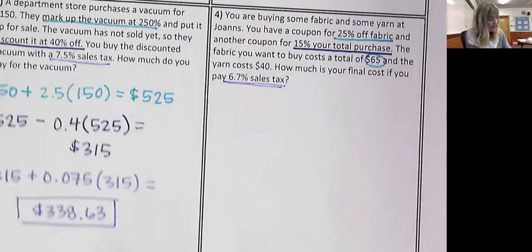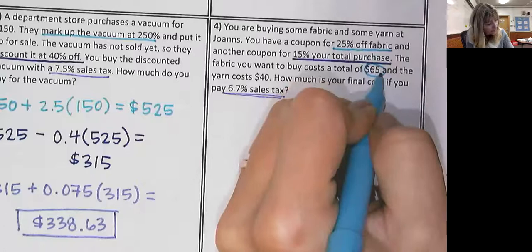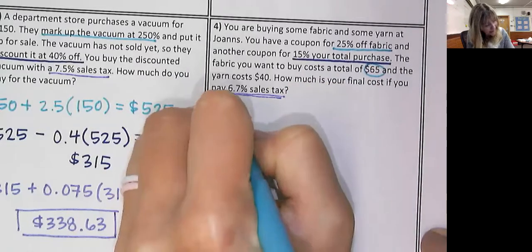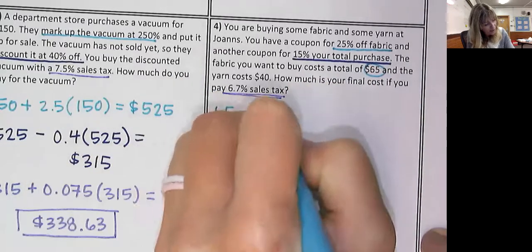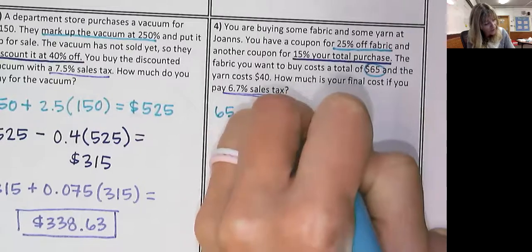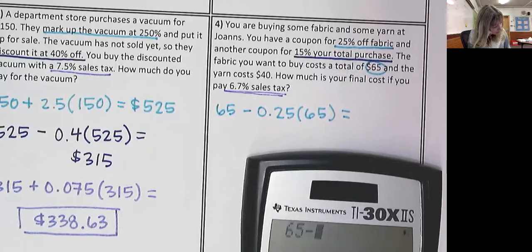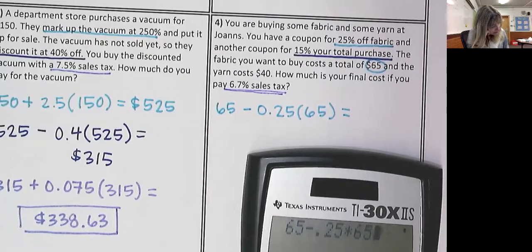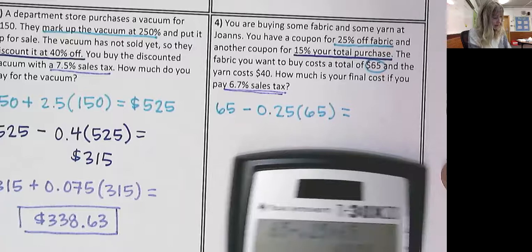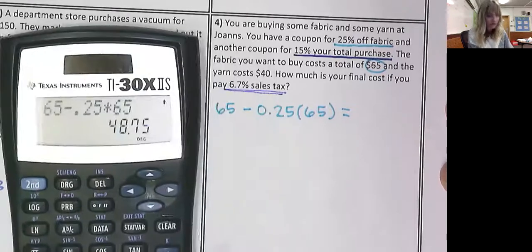Okay, the first thing I have to do is calculate the fabric. So fabric is $65 and I get 25% off of the fabric. All right, so 65 minus 0.25 times 65. So for the fabric, I get the fabric at this price, $48.75.